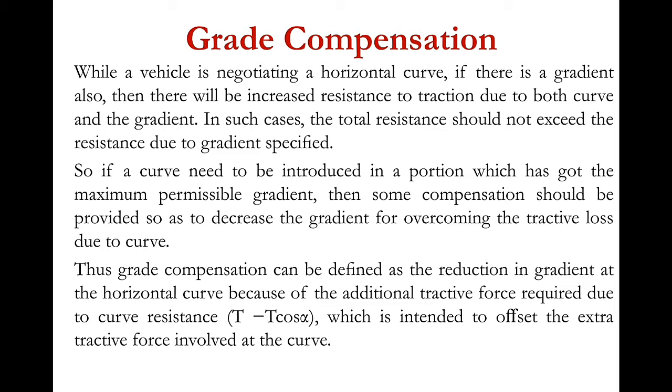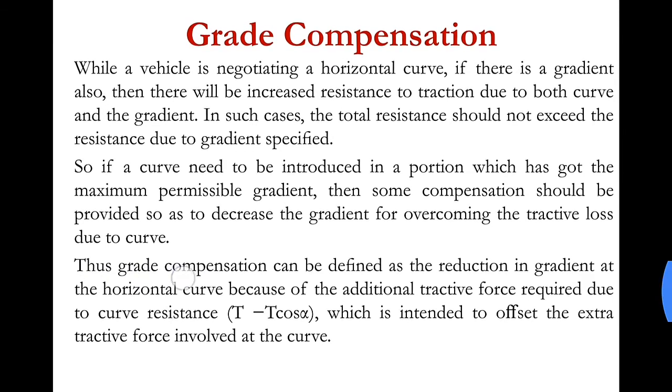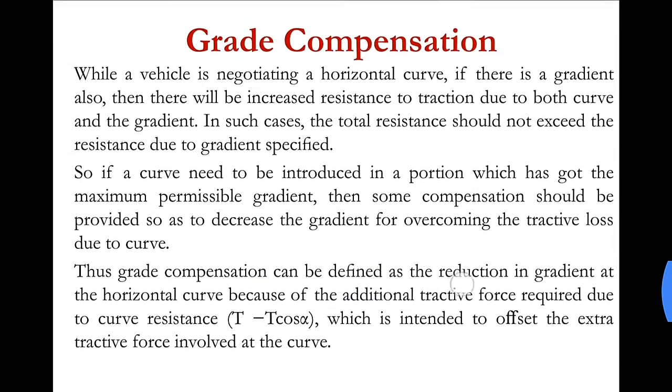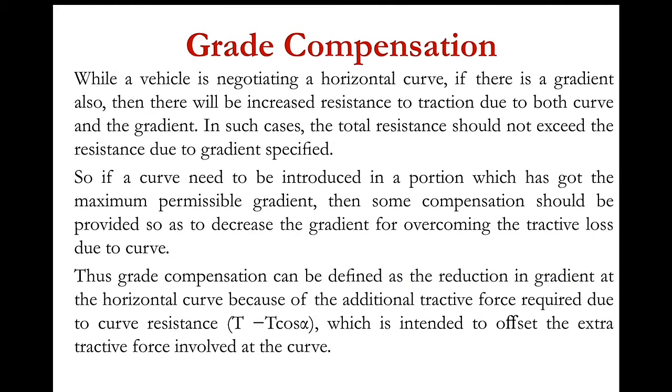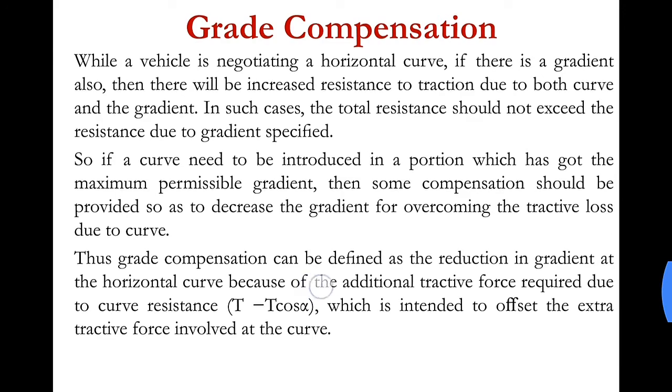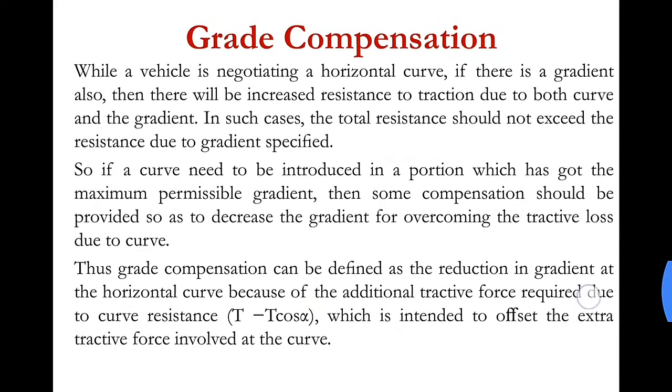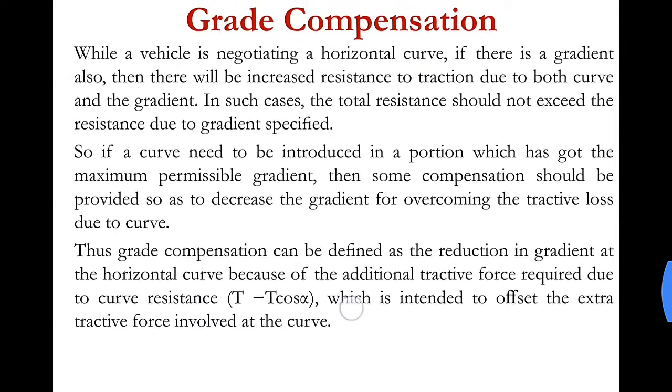So in such cases, grade compensation can be defined as a reduction in the gradient at the horizontal curve because of the additional tractive force required due to curve resistance. Now what is this tractive force required?